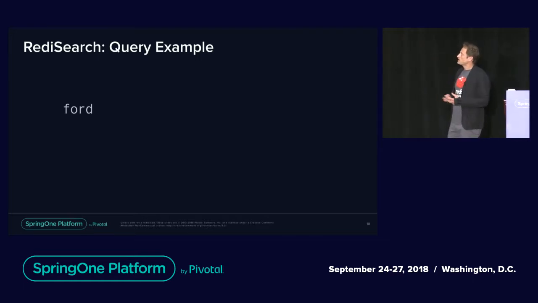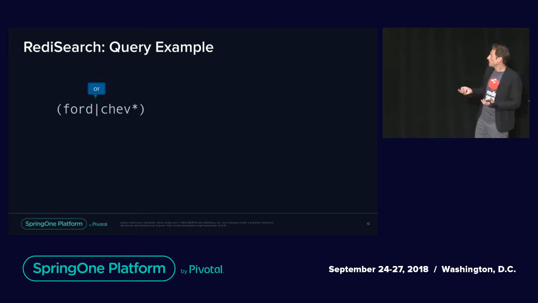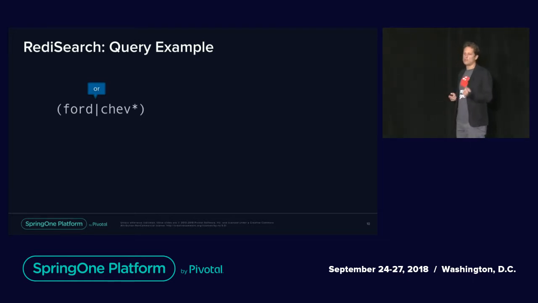If we look at a query example, if you have documents that contain information about cars in Redis, you can use simple keyword matching. In this example, if you type Ford, this query will return all the documents that contain the word Ford. You can make it a little more complex and match all documents that have either Ford or a word that starts with CHEV for Chevrolet.